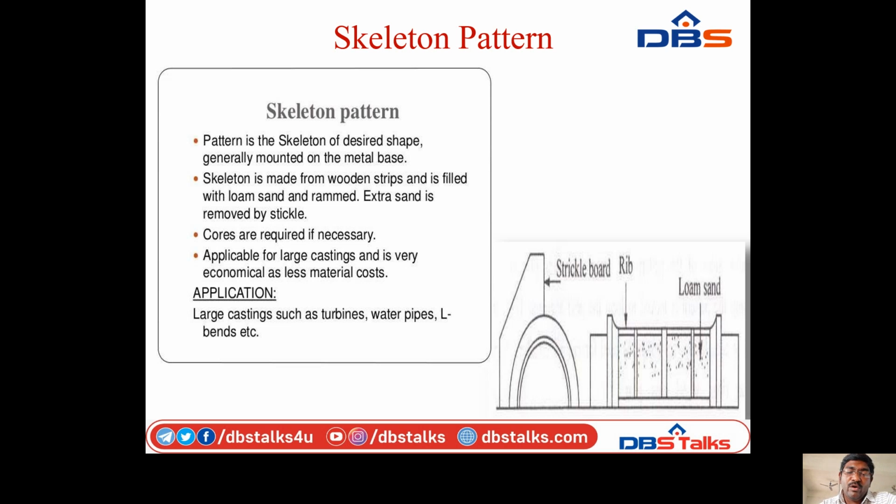A strike off board, known as a strickle board, is used to remove excess sand from the space around the ribs. If a core is necessary, it can be produced separately. So applications are large castings such as turbines, water pipes, L-bends, etc.